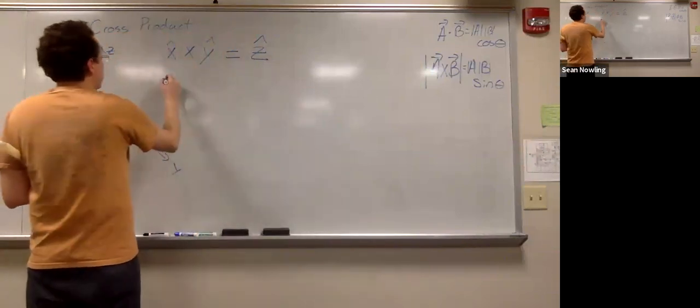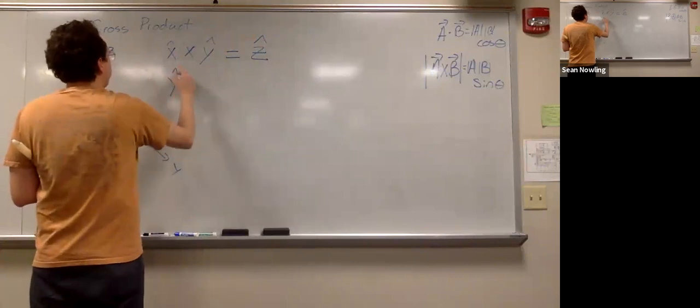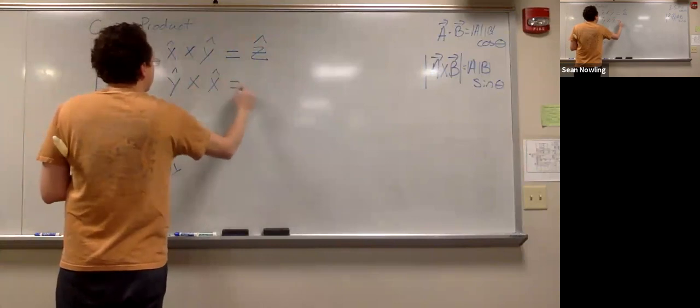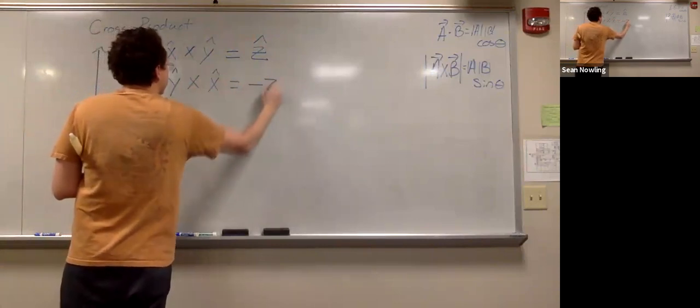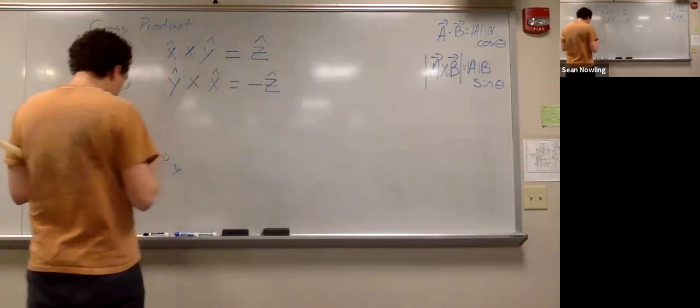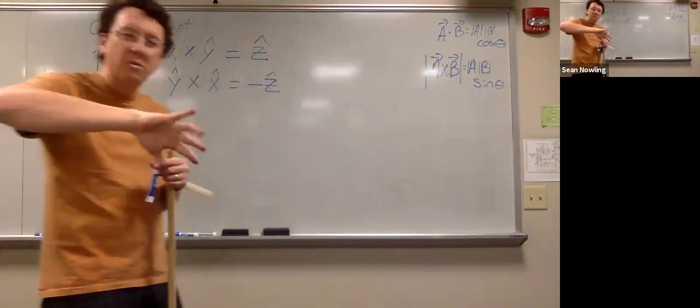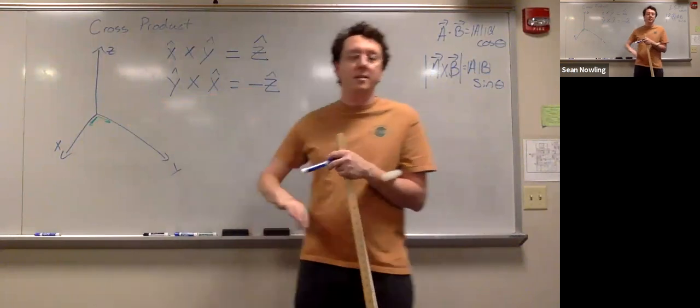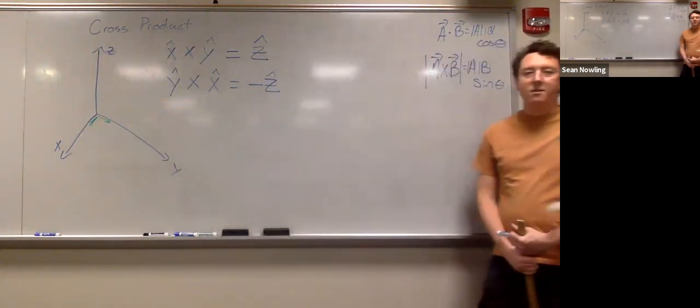Take a second and convince yourself that y hat cross x hat equals negative z hat. It's the same thing, just reverse the order. You have to turn your hand around. You get the idea. Take a second and do it. I'll wait here.